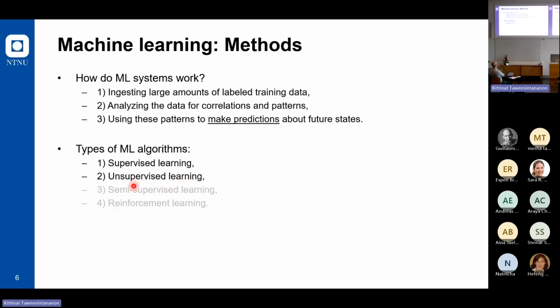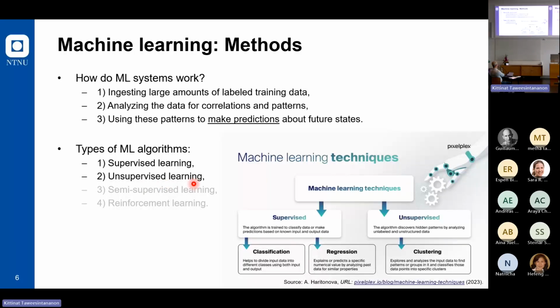And there are another two, semi-supervised learning and reinforcement learning. For unsupervised learning, you don't have a clear picture of the exact answer. So the key techniques that people are talking about are supervised and unsupervised.